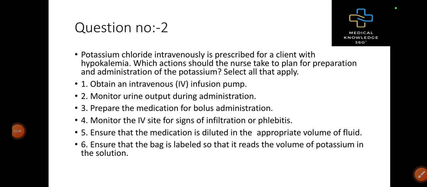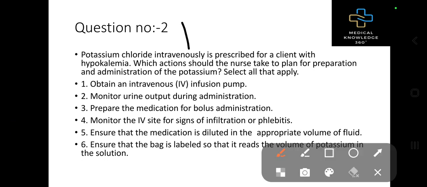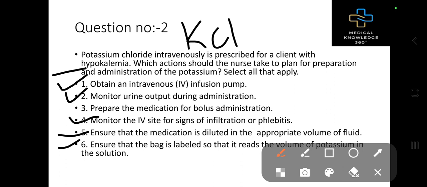Here, the question says that potassium chloride, that is KCl, is intravenously administered to a client who is having hypokalemia. So, being a nurse, what preparation does a nurse need for the administration of the potassium? What is the right answer for this question? Well, the right answer is options first, second, fourth, fifth and sixth. Why?